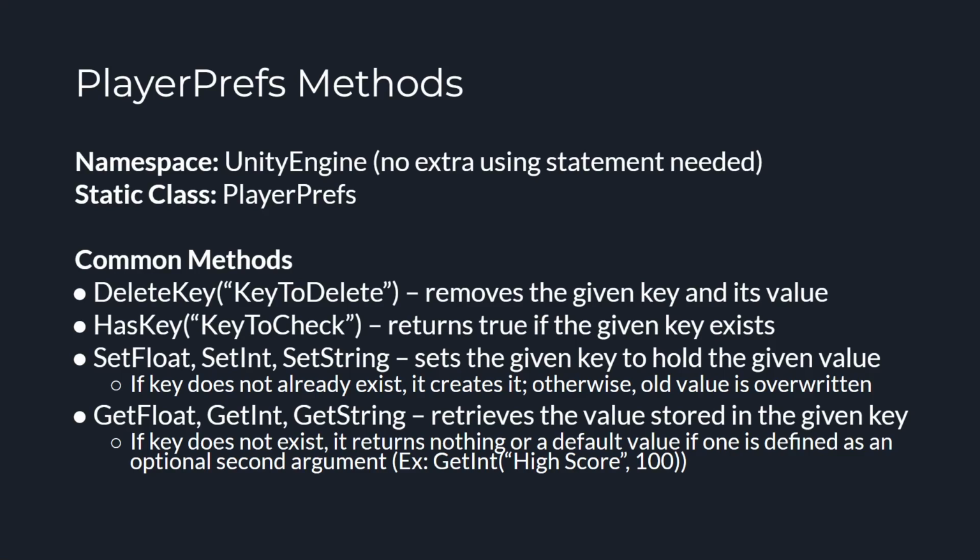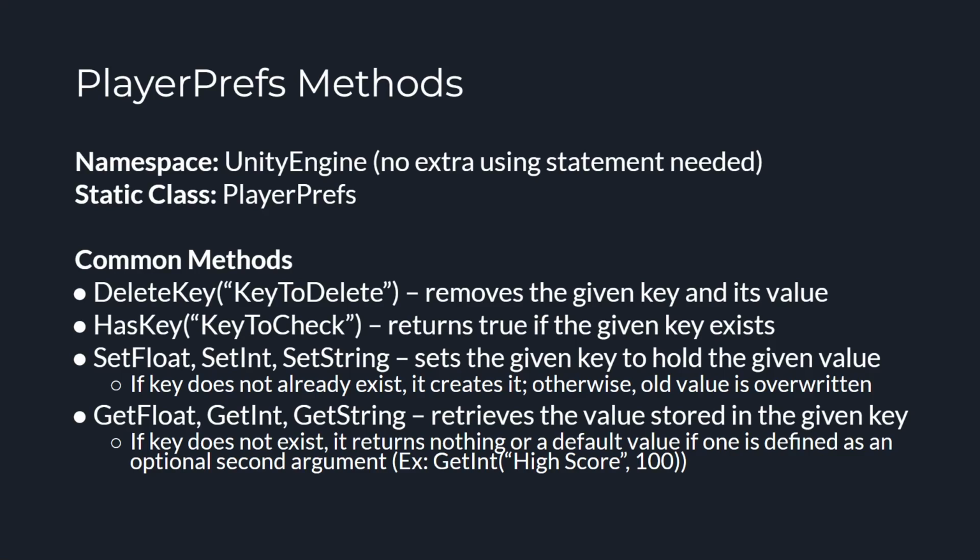If the key doesn't exist, it will either return nothing. So if you said get int high score, it'd be null or just 0 in that case. Or you can specify a default value if you've defined it as this second argument. So you might want to say, well, I don't ever want the high score to be less than 100.